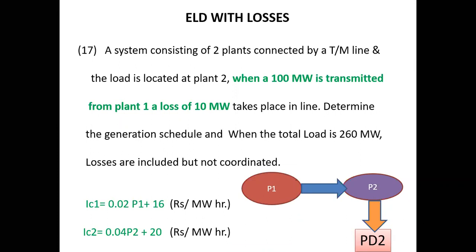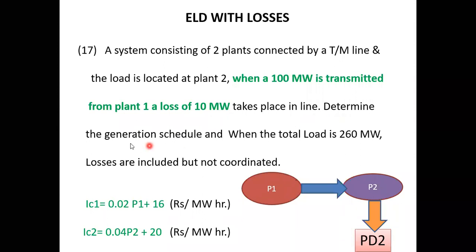So, let us consider this problem. A system consisting of two plants connected by a transmission line, and the load is located at plant 2. When 100 megawatt is transmitted from plant 1, a loss of 10 megawatt occurs in the transmission line.